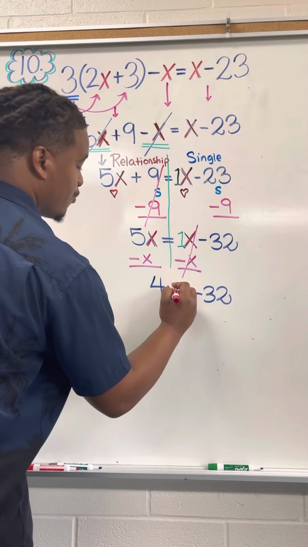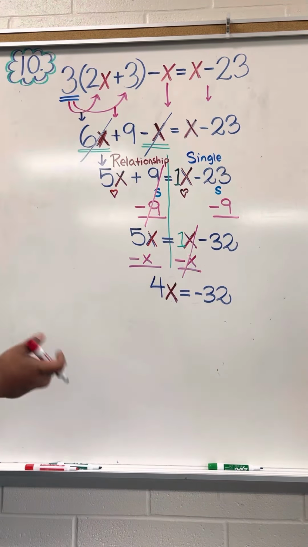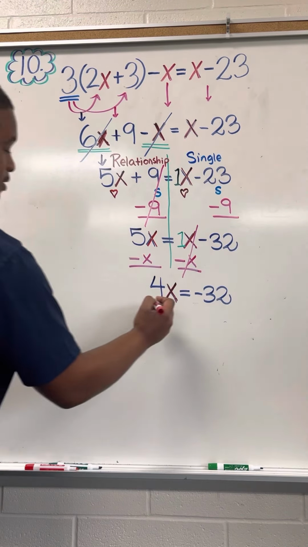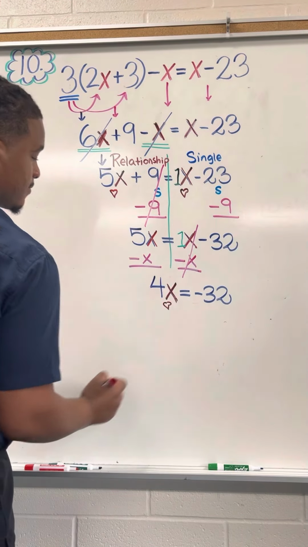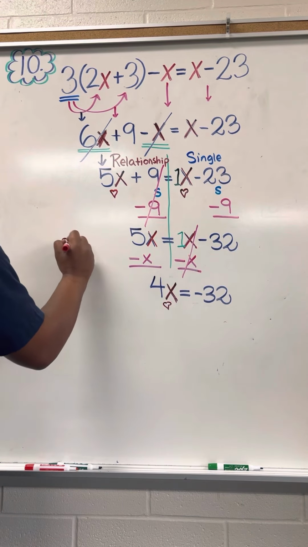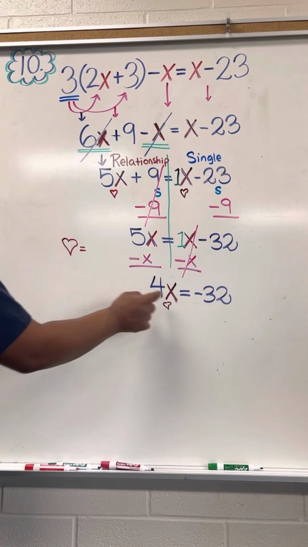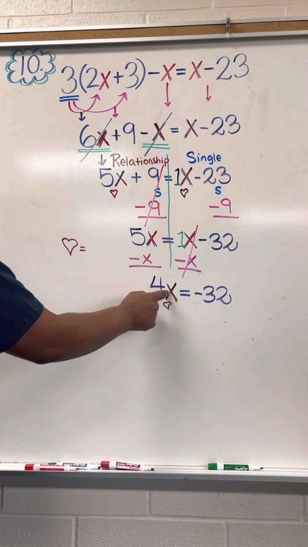All right, now we're down to the last and final part, okay? Now, once again, remember, 4 and x are in a relationship, and the relationship, I'm gonna draw a heart, is based on multiplication because that's the operation between them. It's actually saying 4 times x.